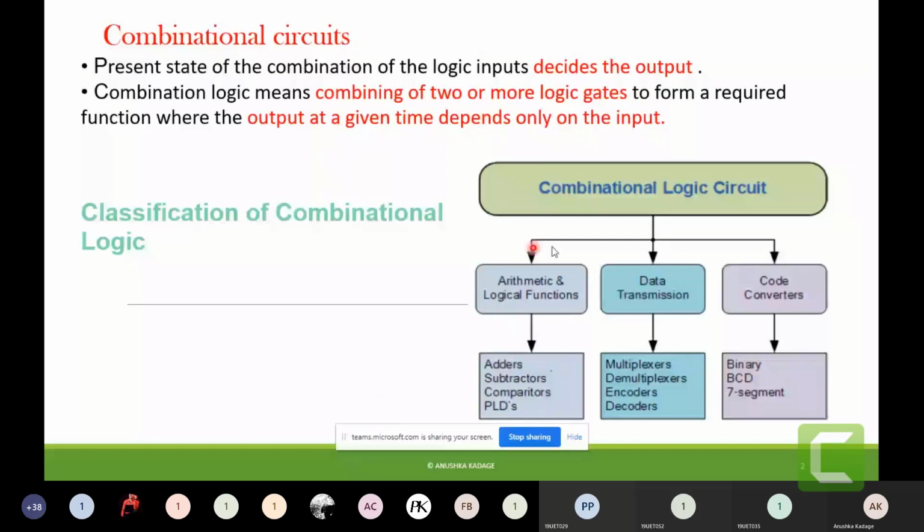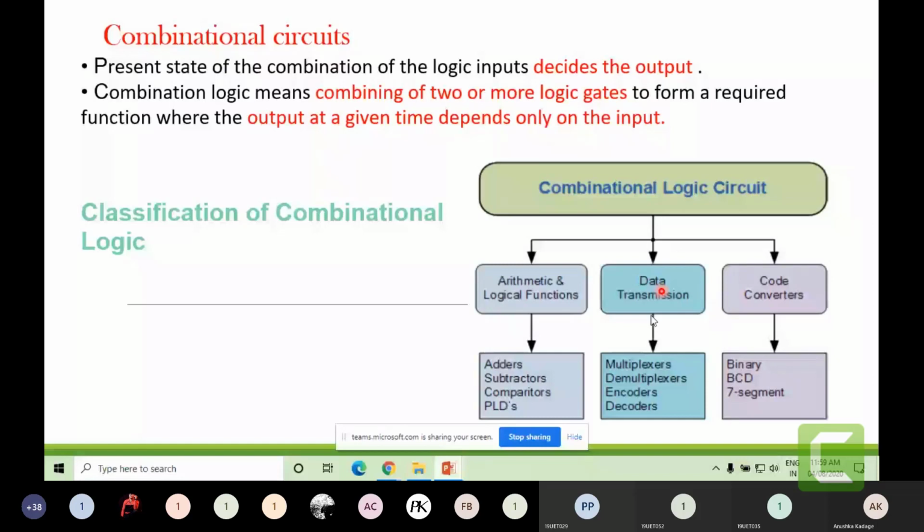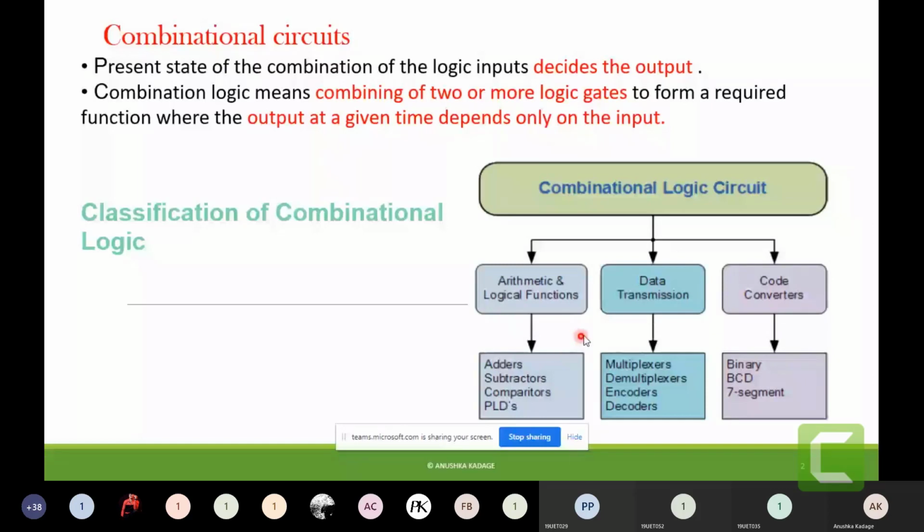Either I take the block from the arithmetic and logic function performing unit, data transmission unit, or code converters, we have to follow this same process. That means we first define the Boolean function, write its simplified form with the help of K-map implementation, and then the minimized diagram for that block has to be implemented. Is it clear what is the aim of this chapter, friends?